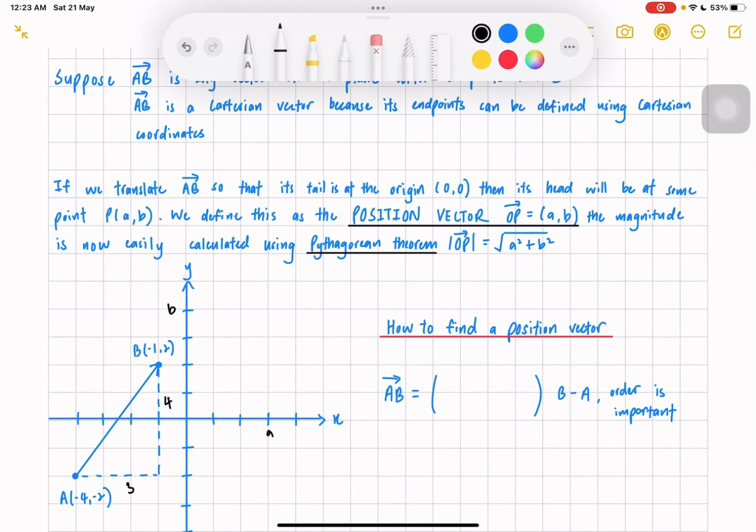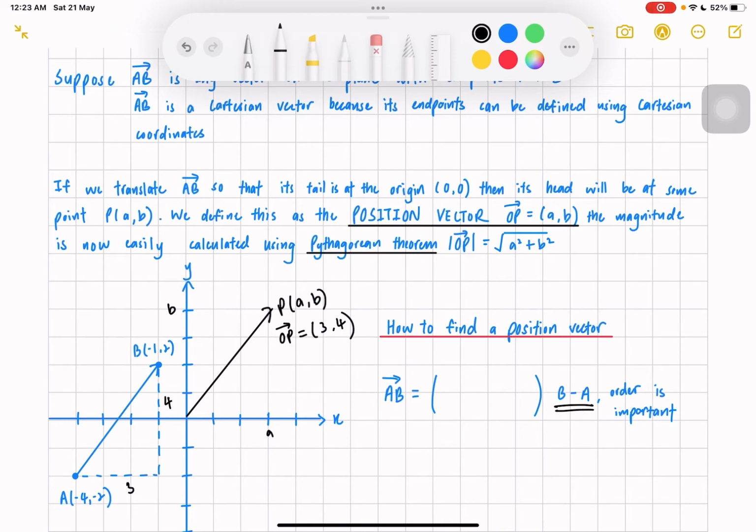Now we can simply draw our position vector to a point here. We can call it point P with coordinates A and B. Now if you want to find vector OP, it will simply be 3 and 4. Now, how do we find the position vector without doing all of this manually? Well, we can simply use point B minus point A. You must remember that the order is important.